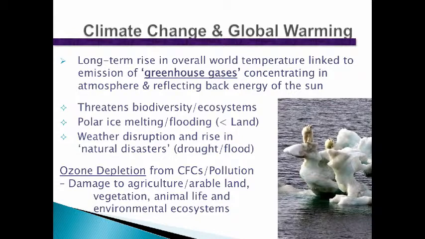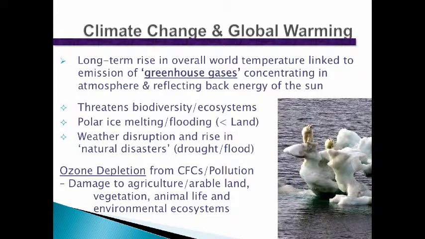We're also seeing a lot of science suggesting that global warming might be leading to patterns of weather disruption. So, rising temperatures, but also an increase in natural disasters, things like hurricanes and tornadoes, but also more broadly patterns of drought and flood. And of course, this has a major impact not just on human beings living in these areas, but also on access to arable lands and crops that rely on relatively stable water patterns.